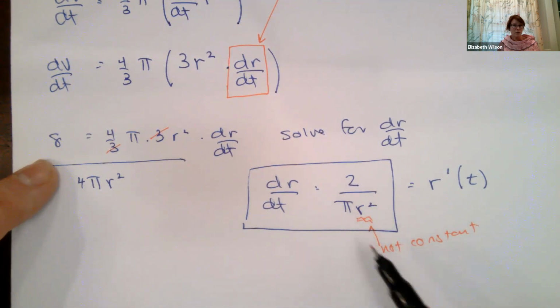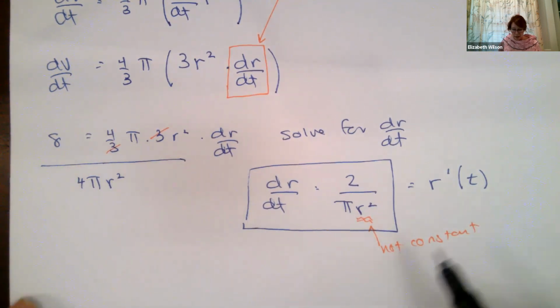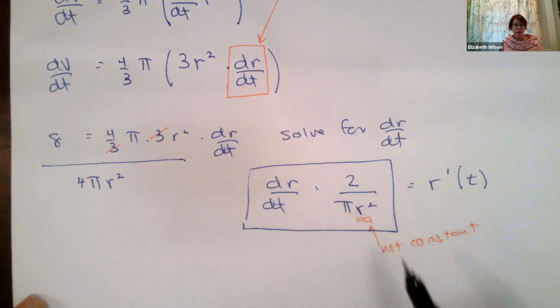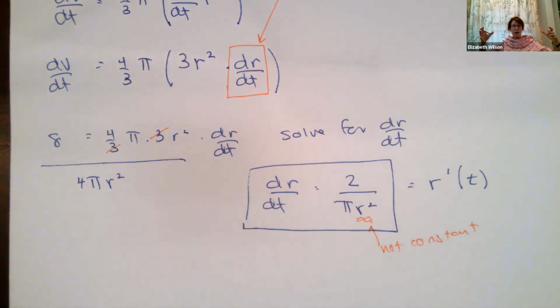It's based on our current radius. Because it's in the denominator, as the radius gets bigger and bigger, the radius change gets smaller and smaller. That makes sense. When I first get a balloon, it's flat, so the radius is almost 0. When you first blow up the balloon, it goes from flat to big, and as it gets bigger, you don't notice it.